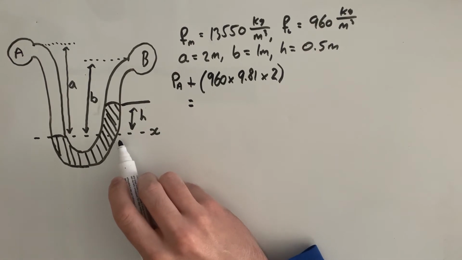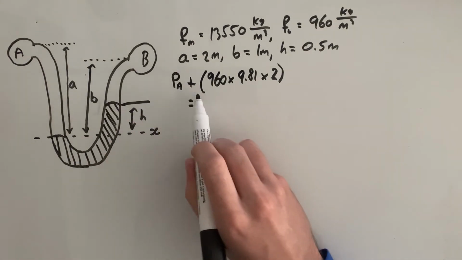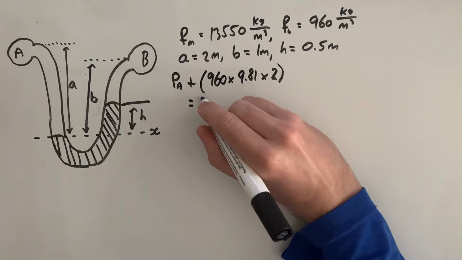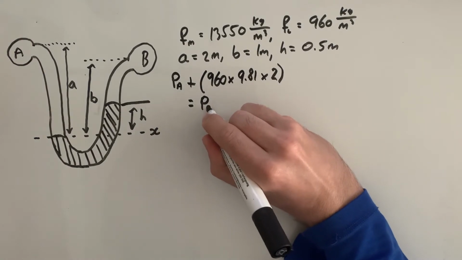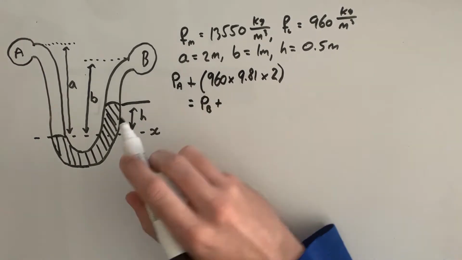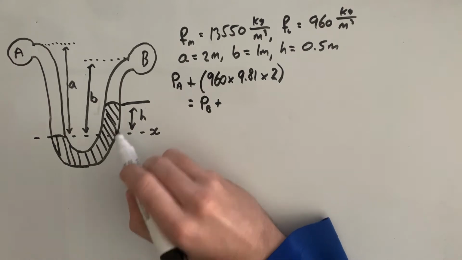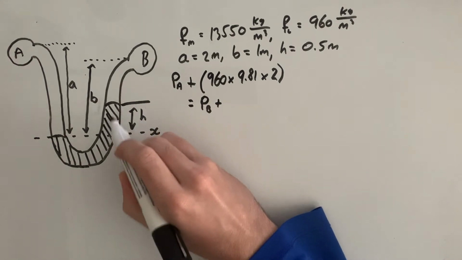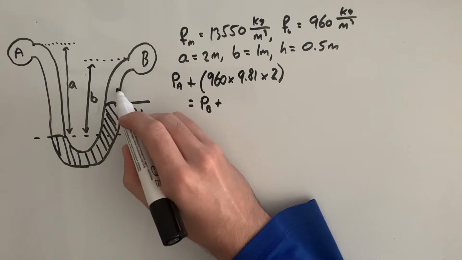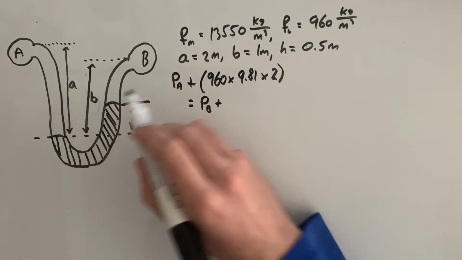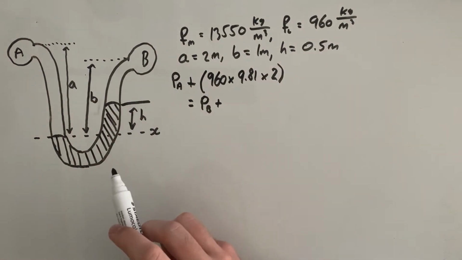This is in our left arm, and this we have to equate to the pressure at X in our right arm. Well, this is slightly more complex. So we'll start as we did here. We'll have the pressure at B. And now we have both the mercury, the height H portion of the mercury, and our other liquid, which we have the density for, fortunately.